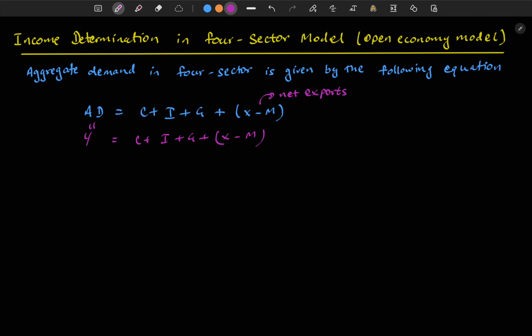Now, what are the two functions that I was talking about? Number one is the consumption function, which we used in the previous three sector model as well: C is equal to A plus B times (Y minus T). As we all know, Y minus T is the disposable income.